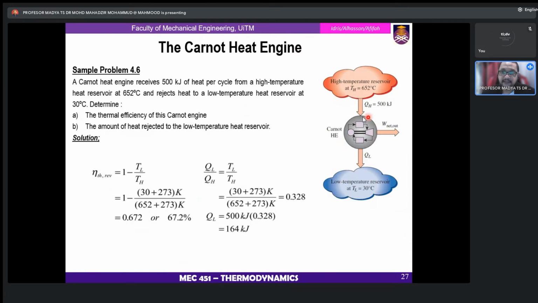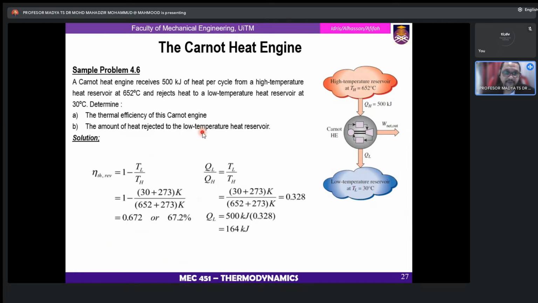This is the Carnot heat engine, which produces net work; it receives heat from the high temperature reservoir and rejects heat to the sink.